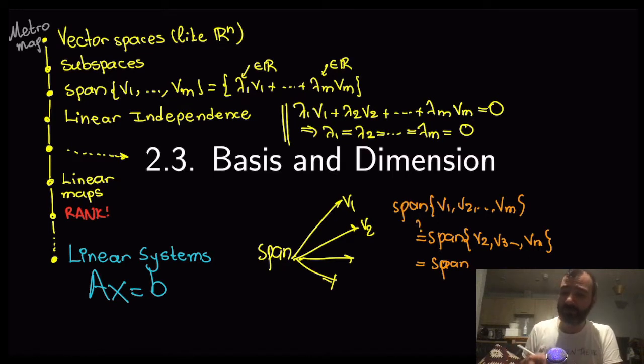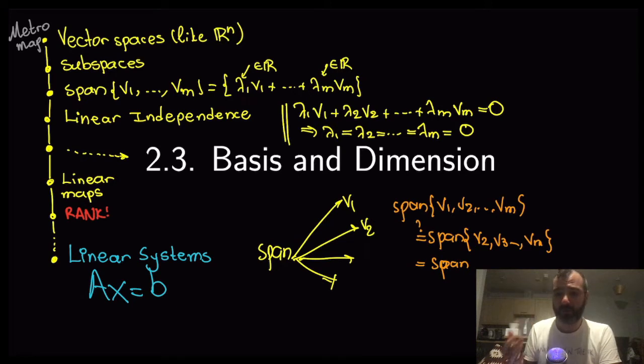If I don't need v1, then the set of v1, v2, v3, vm is not linearly independent. To be linearly independent means that all of these vectors are essential and we need them, and we cannot take out any of them. If you take out even a single vector from this collection, the span changes. Actually, it becomes smaller. You need them there. We gave examples in the previous video where one or more of these vectors can be redundant.